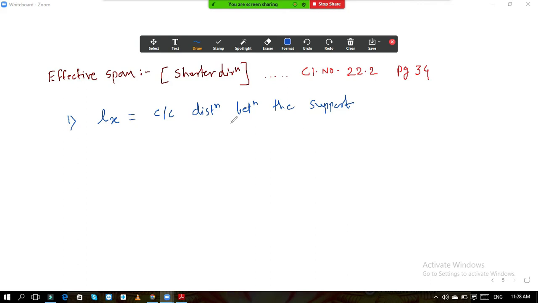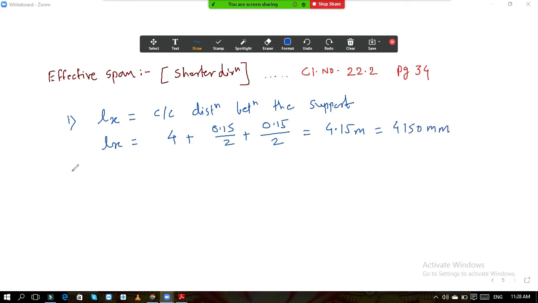So now, the distance between the supports: Lx is equal to, what is our shorter span? It is 4 meter plus 0.15 by 2, center to center of support. So total width is 0.15, so you need to divide it by 2. So it is 4.15 meter, which is equal to 4150 mm.